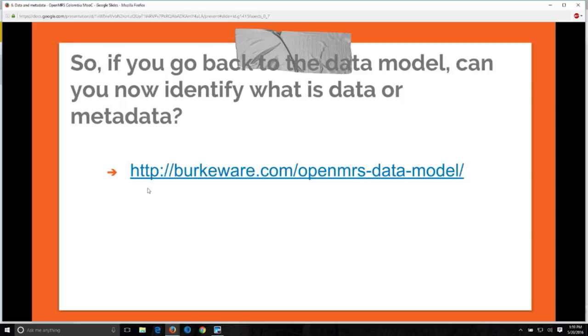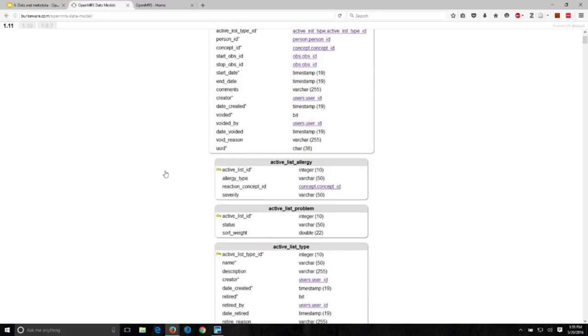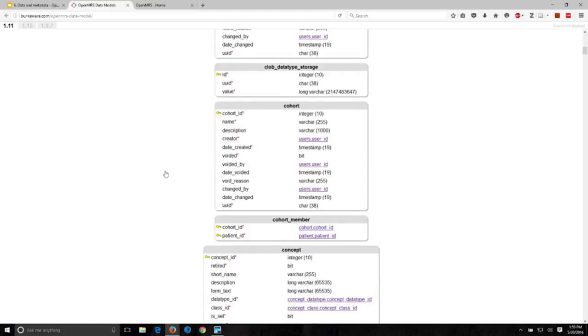If you go back to the data model by clicking on this, can you now identify if it is data or metadata? Let us try to go through a few examples. Let us try to look at say cohort and try to understand if this is data or metadata. Can anyone guess what it is?